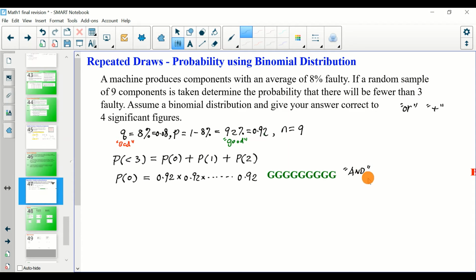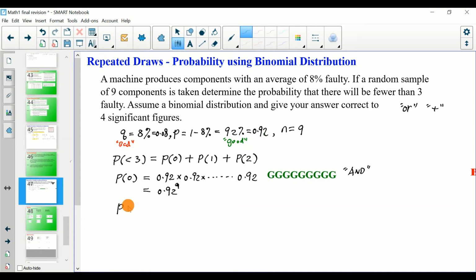So first one is good, second one is good, third one is good, and so on and so forth. The ninth one is good, and that is 0.92 to the ninth power, because I have to multiply 0.92 nine times. And there's only one way that everything can be good. So that's the end of that probability calculation.